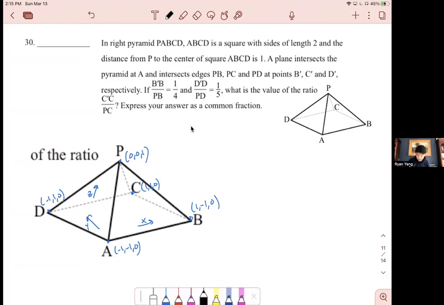We can also find the coordinates of B prime. B prime is going to be equal to 3/4 B plus 1/4 P, since B prime is 1/4 of the way from B to P. So this is equal to (3/4, -3/4, 1/4).